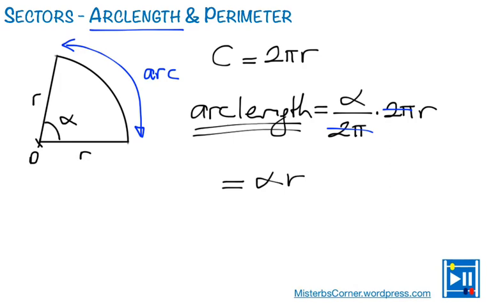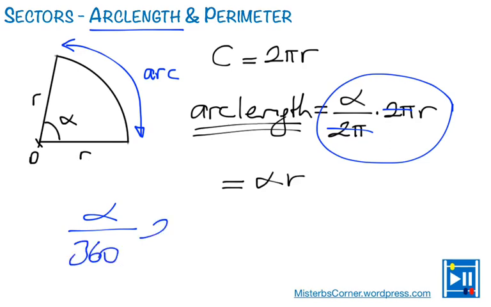Just because I don't like formulas, I always go with what we were doing with the arc length when we were using degrees, right? It was alpha over 360 multiplied by 2 pi r. So this is not a formula to me because it makes sense, because I'm talking about a fraction of a circle, right?